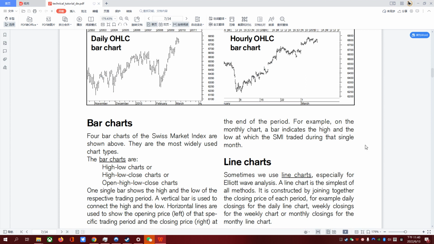So in the bar chart you have a high and a low. That means when the stock market is trading today, you may have a very high price, but that doesn't necessarily mean the stock is going to close at a high price. Sometimes in the morning you see the stock trading at $10. By the evening, the stock is trading at maybe $15.